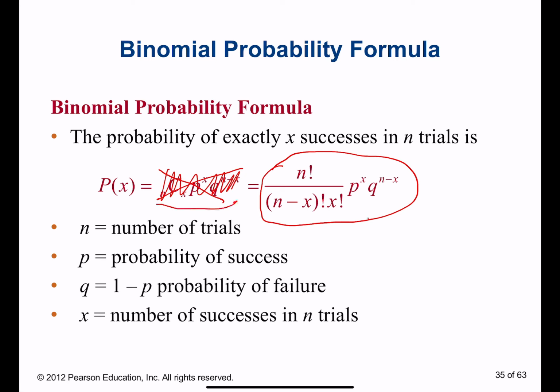So N is the total amount of trials, P is probability of success, Q is probability of failure, X is the number of successful trials out of N. What is interesting here, the probability of success you raise to the power of the amount of successful trials, and probability of failure you raise to the power of the amount of failing trials, because if the total is N and successful trials are X, that means failing trials are N minus X. Correct?